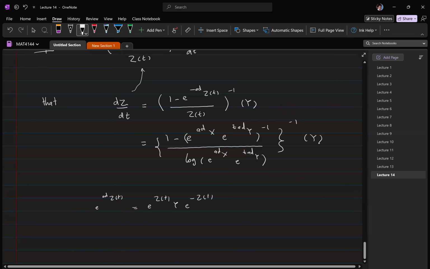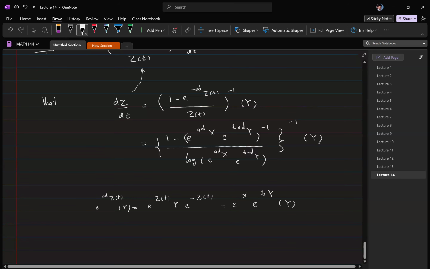Okay, so if this is applied to y, that's what it is. But then e to the zt was this e to the ad x e to the t ad y. Or maybe I should say e to the x e to the t e to the ty.